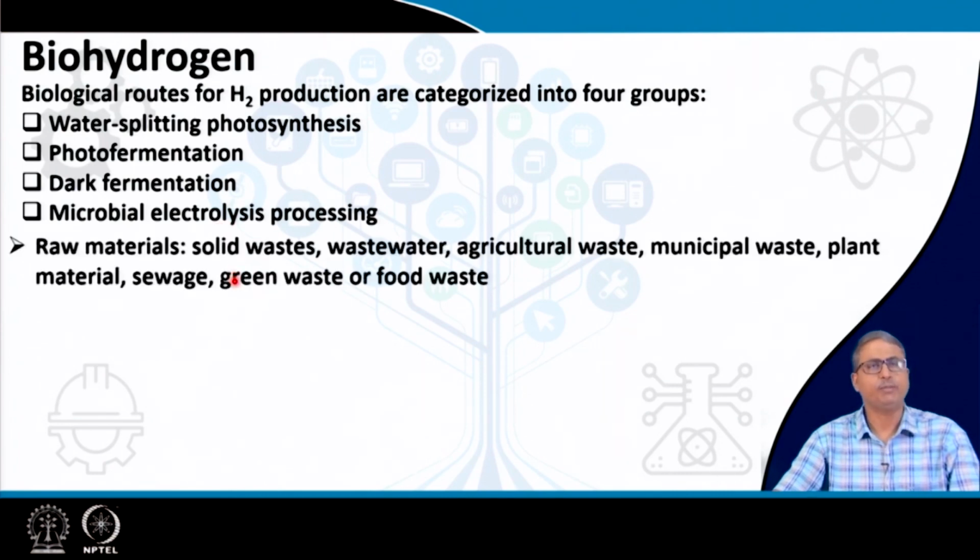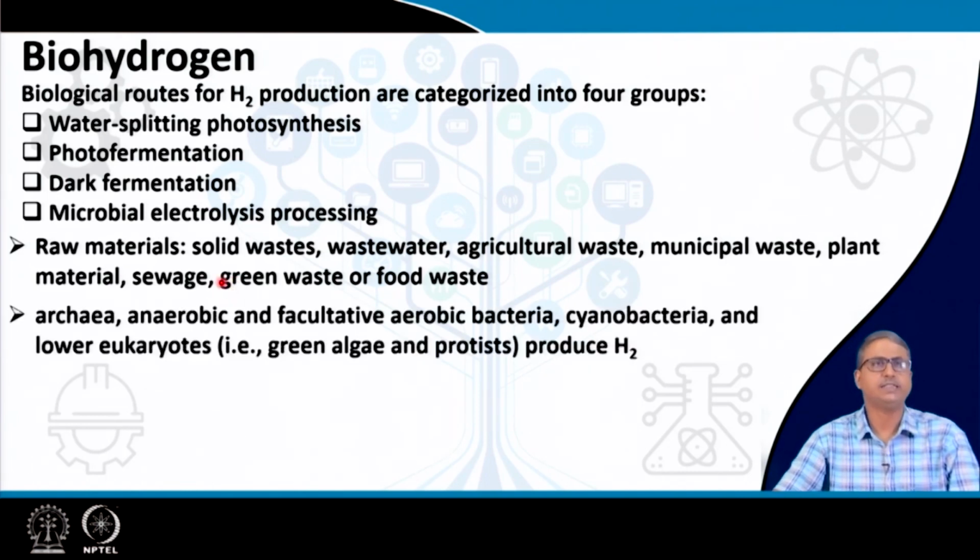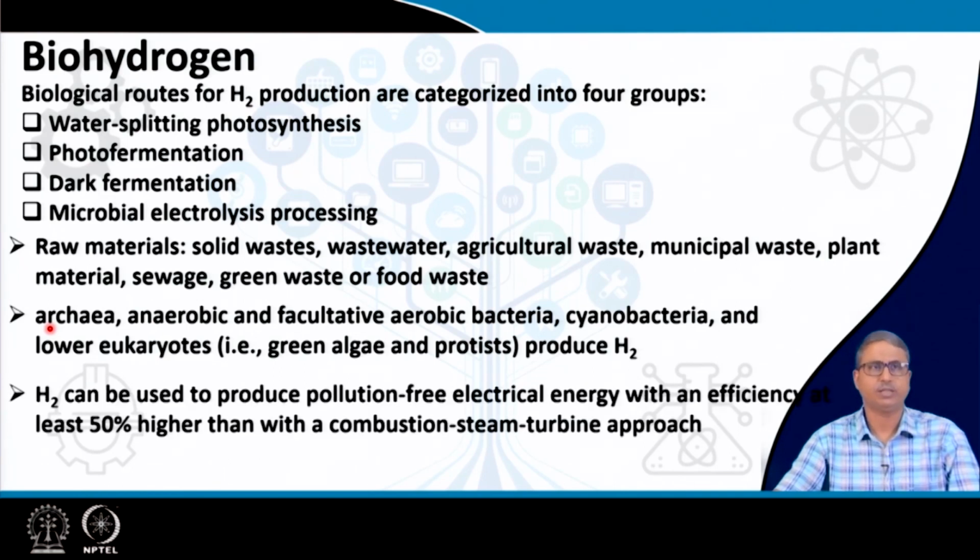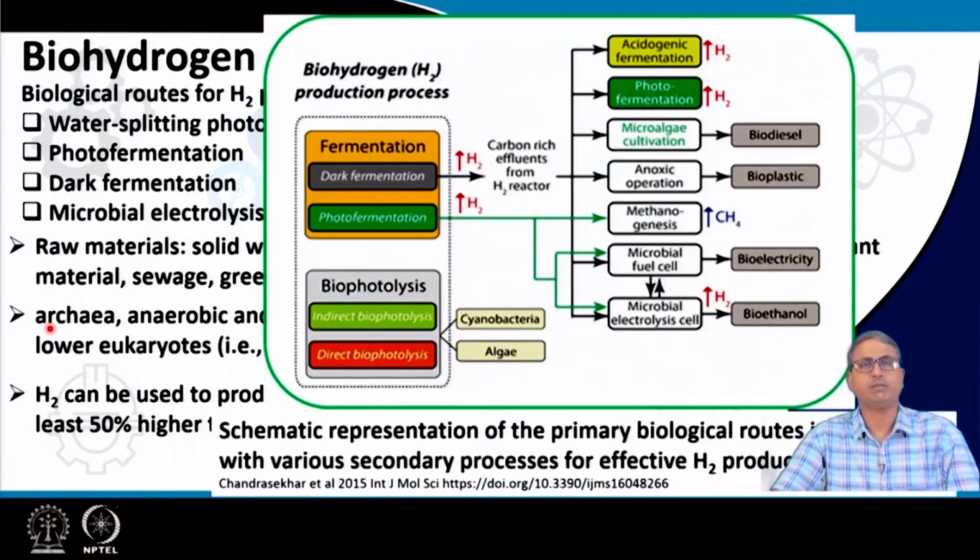Raw materials like solid waste, wastewater, agricultural waste, municipal waste, plant material, sewage and diverse materials can be used to facilitate these reactions, and organisms like archaea, anaerobic and facultative aerobic bacteria, cyanobacteria and lower eukaryotes like green algae and protists can produce hydrogen, and hydrogen can be used to produce pollution-free electrical energy with an efficiency at least 50% higher than a combustion steam turbine approach.